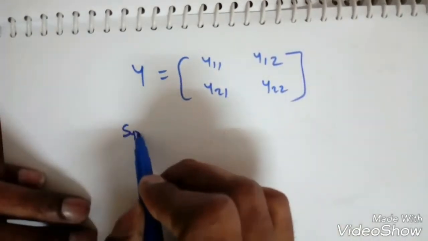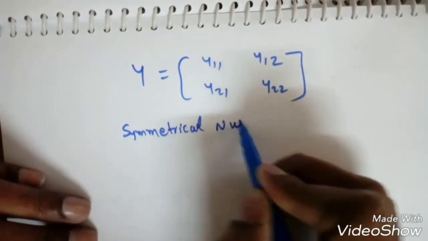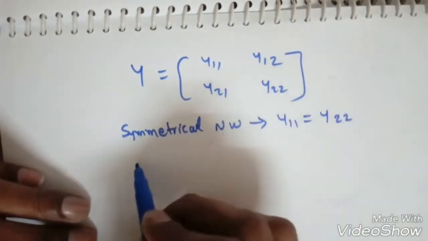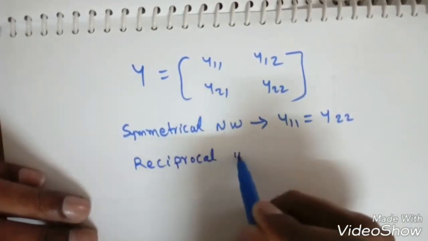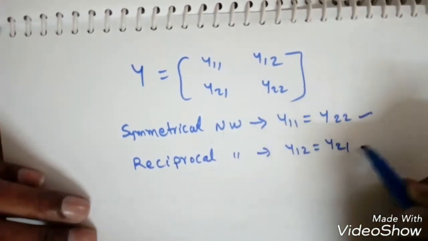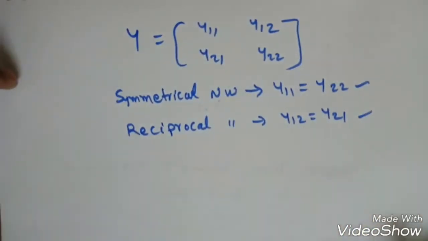Now for a symmetrical network, what is the condition? The output admittance should be equal to the input admittance. Similarly, for a reciprocal network, Y12 should be equal to Y21. So these two conditions apply for the Y parameters.